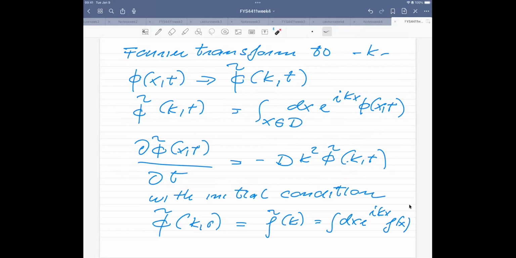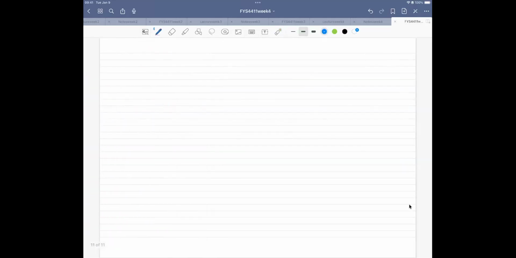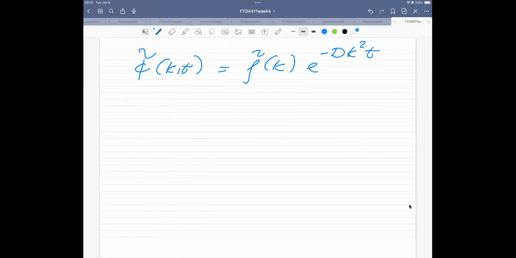So if I integrate this equation and add the initial condition, I get a solution where phi tilde of k and t is equal to the initial condition multiplied with e^(-D k squared t). If we now want to go back, this is simply given by the inverse Fourier transform.